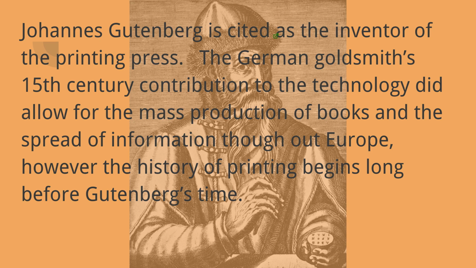The German goldsmith's 15th century contribution to the technology did allow for mass production of books and the spread of information throughout Europe. So once books were actually made on a printing press rather than written out by hand, then information could spread faster throughout the countries. Now, we didn't have the internet, we didn't have phones, so this was a way to send information across different countries.